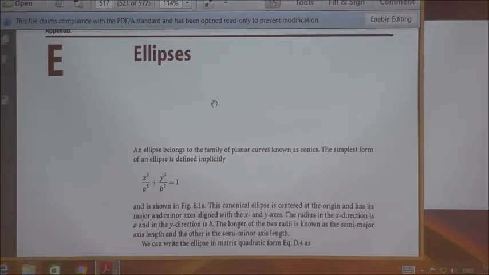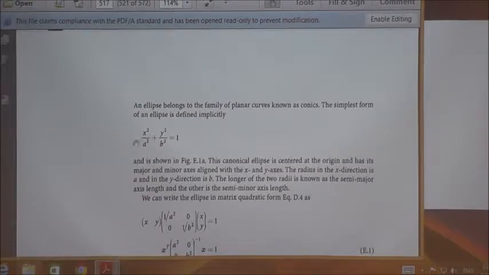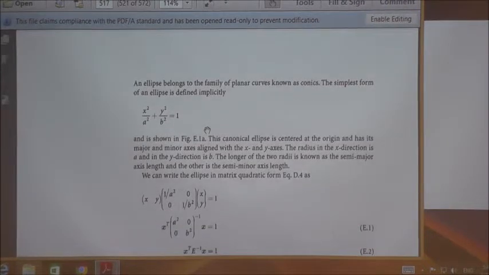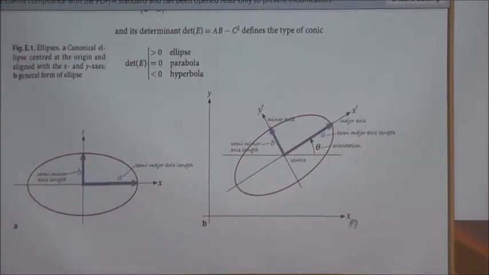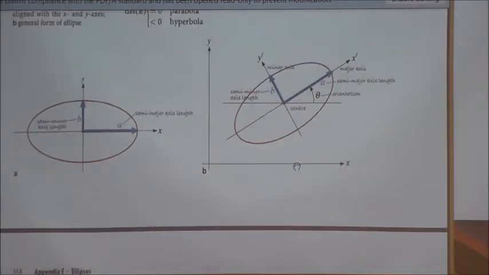So appendix E is the ellipses, which has this kind of model or equation where X and Y are the coordinates of the system, and A and B are the half of the long and the short diameter, if it was sort of like a diameter, the long side of it.